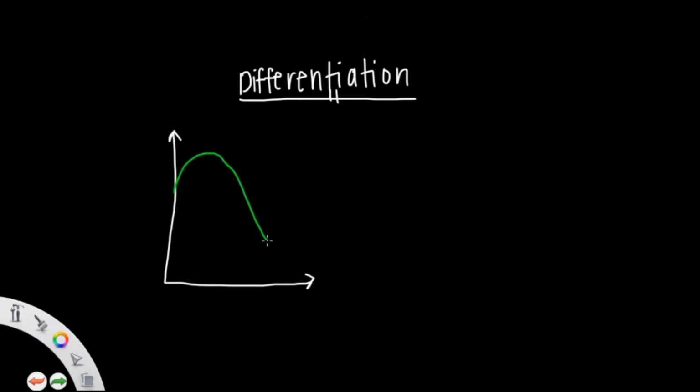So let's say our graph looks something like this. And let's say you want to find the gradient of the tangent at this point. Or you want to find the gradient of this tangent at this point.